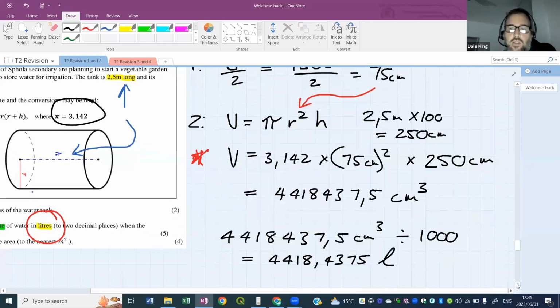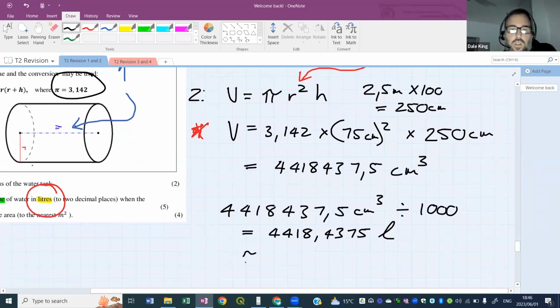We're in liters now because we've converted it with the conversion. To round it off, we look at the second decimal. Will it change? What's the number behind it? It's a 7. It's above 5. Yes, it will change. So it's 4418.44 liters. All right, so that's how many liters this tank can hold.